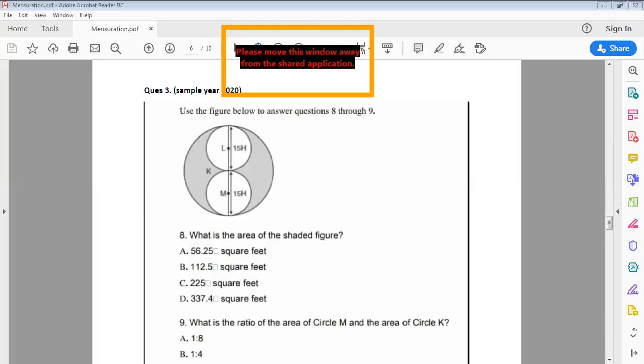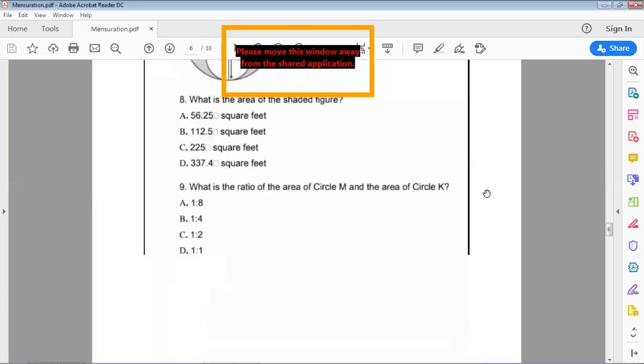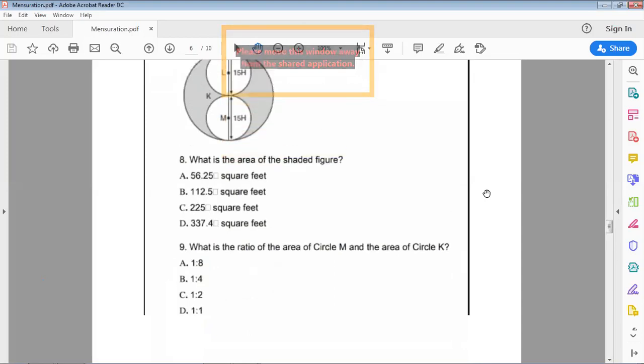Good one, Nisha. That's the answer. So I think I should move forward with the solution. You can read this part also. What is the ratio of the area of circle M and the area of circle K?